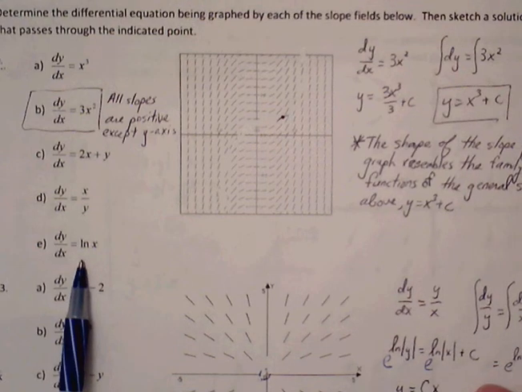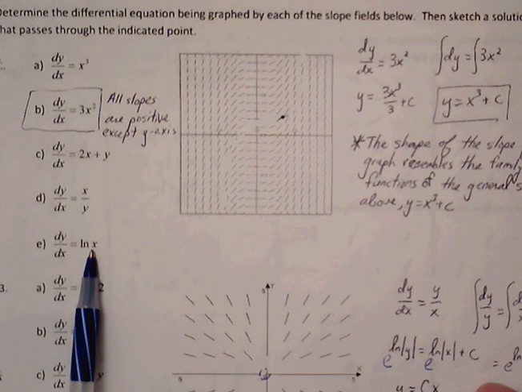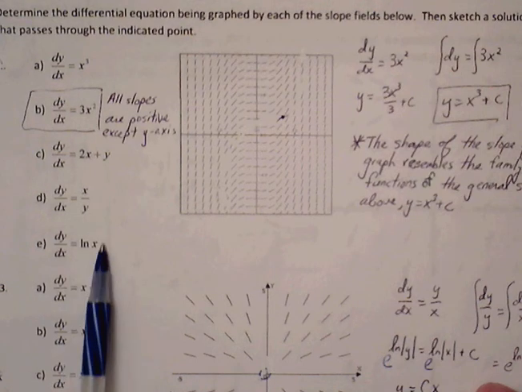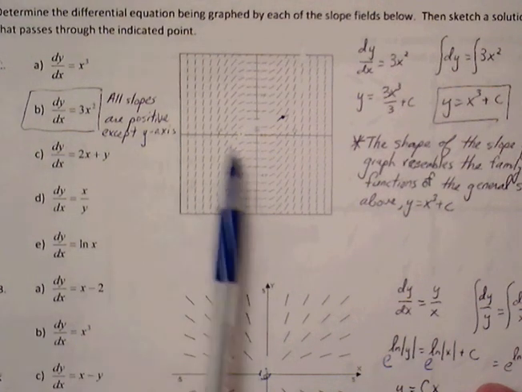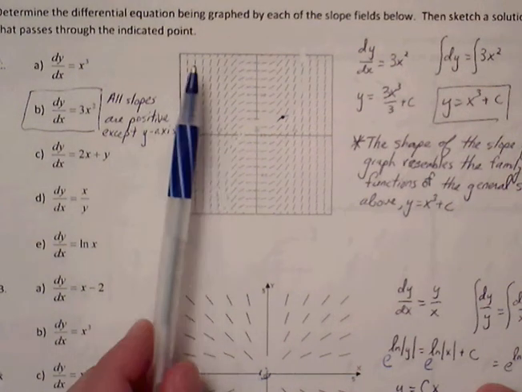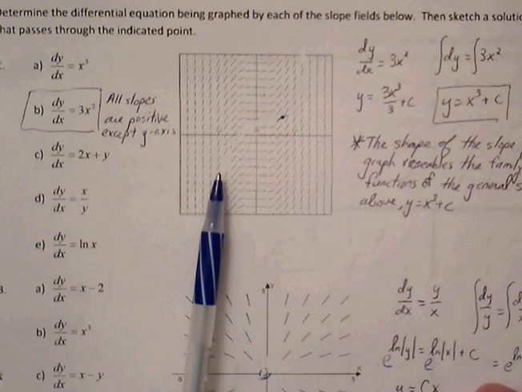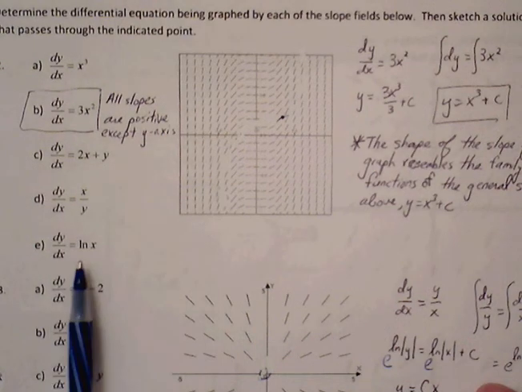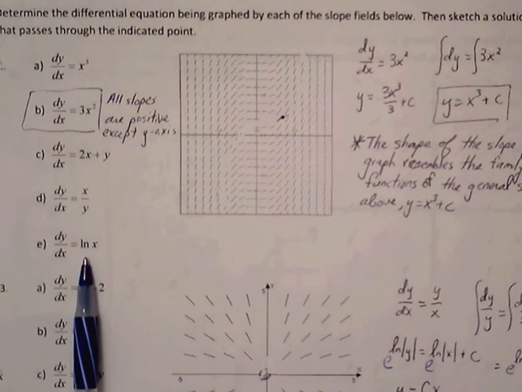For part E, natural log of x, x can't be a negative value because the natural log does not exist there. But we obviously see negative x values producing a specific slope, so ln of x can't be the correct one either.